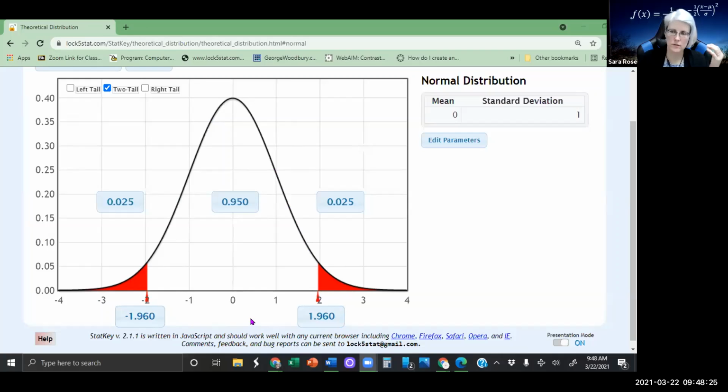But now that I'm teaching you how to calculate this by hand, we're going to use this normal distribution and these specific numbers when we're ready to calculate confidence intervals on Wednesday. Okay? So now you're going to have more exact values and not just eyeball it, rule of thumb 95.